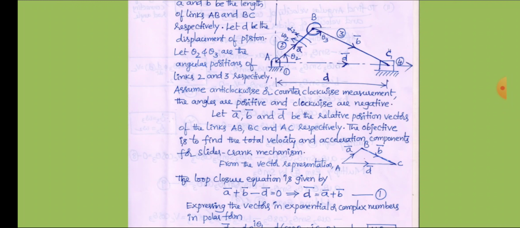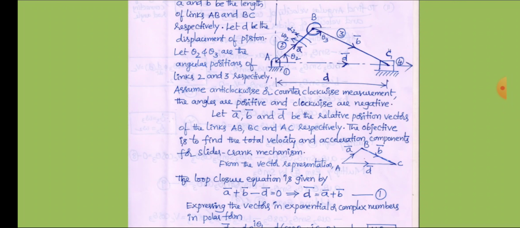Thereby, beginning from the point A to B, A bar, and B to C, that is B bar, both are positive, because from A I am beginning towards B, it is anti-clockwise, then B to C is also in the same anti-clockwise direction. But the position vector of link AC is in the opposite direction, therefore minus D bar.